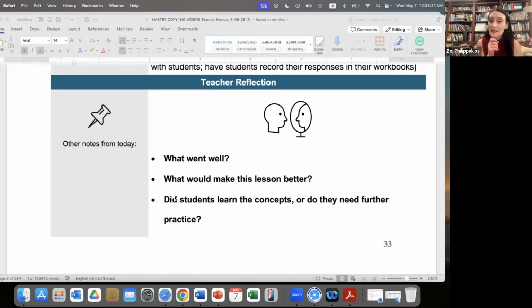Did the students learn the concepts? Do they need additional practice? So I should be asking these questions as an educator, as a professional, to reflect on me and on my instruction, but also on the components of the lesson and how I transition from one component to the next component.